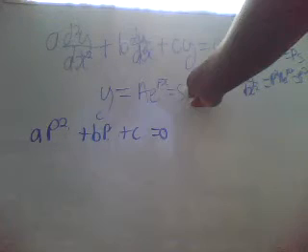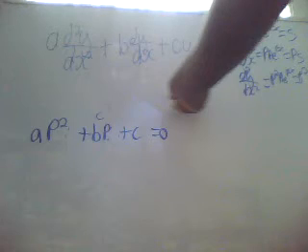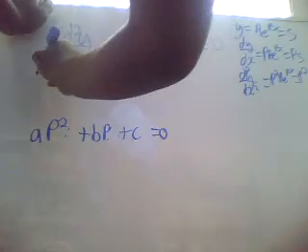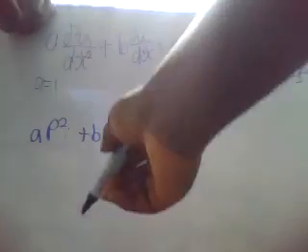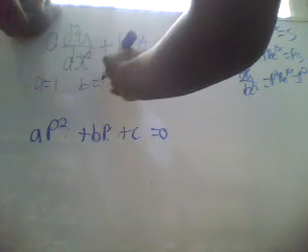Now we can look at a nice example. When a is equal to 1, b is equal to 1, and c is equal to minus 6.